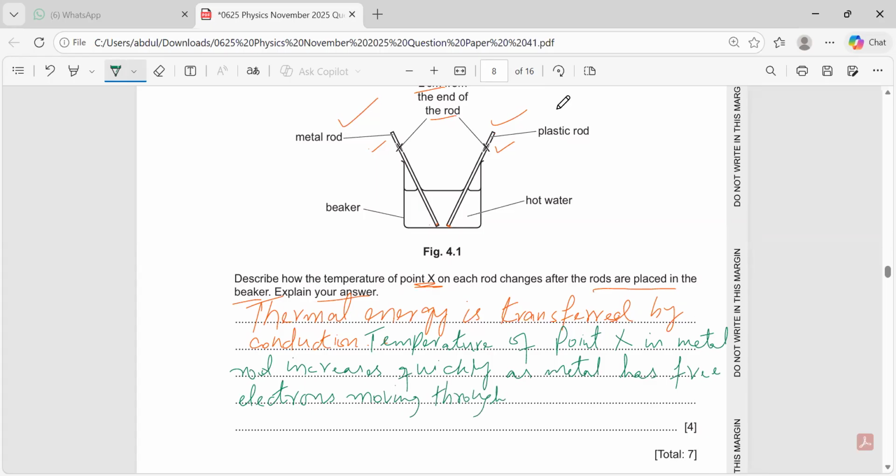Yeah, flowing, you can say, flowing through the metal rod. I think 3 marks you have scored.